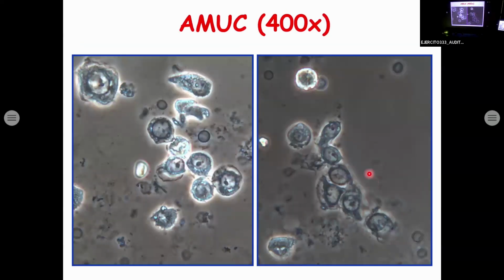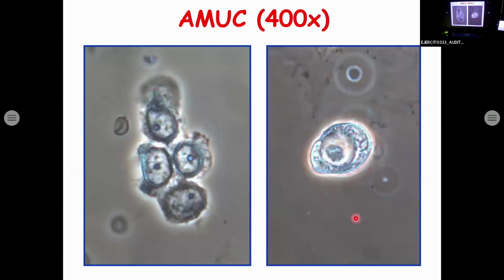And then look, we have these cells with very enlarged nucleus, very thin cytoplasm, and look, an inclusion body like bird's eye cells, okay? And here we have these cells in clumps. And again, look, a cell with a large nucleus, and look at this.